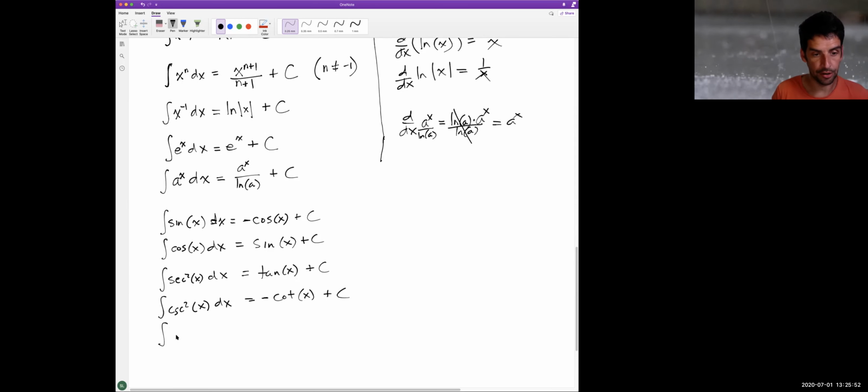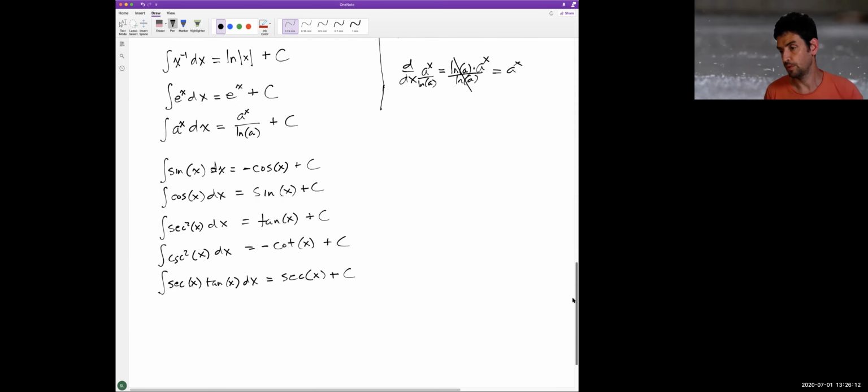And then we can also do secant x tangent x dx. This is the derivative of secant, so secant is an antiderivative. Keep moving.